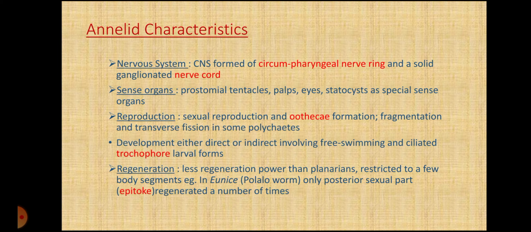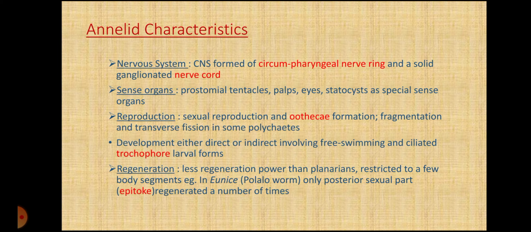Gonads are temporary in the polychaetes, but these are permanent in the oligochaetes and the hirudines. In Annelida, fertilization is internal or external. In external, there is the ootheca formation as in the earthworm. So, the fertilization in case of the earthworm occurs in the ootheca.